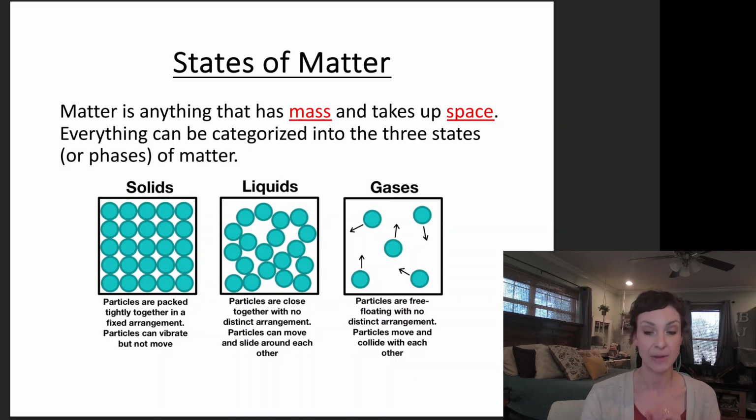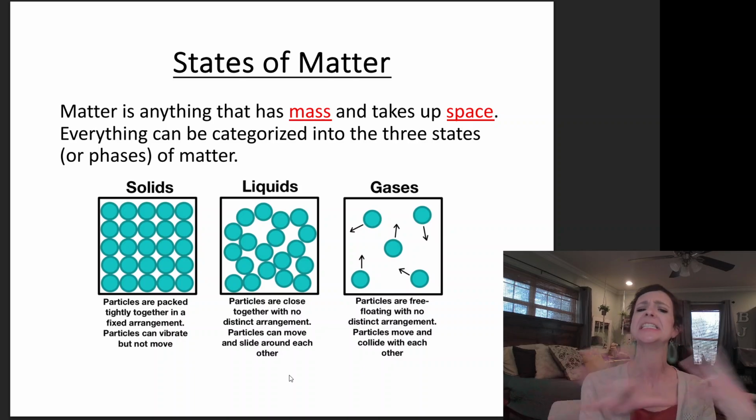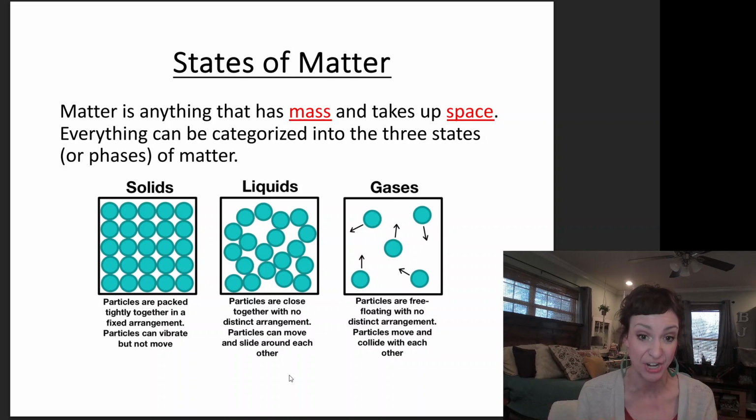Now, let's look at what we have to say about solids here. In solids, as you can see, particles are tightly packed together in a fixed arrangement. The particles can vibrate, but they're not going to move. Now, liquids: the particles are still pretty close together, but there's no distinct arrangement. That's why liquids can take the shape of whatever container they're in. Particles can move and slide around each other in a liquid state.